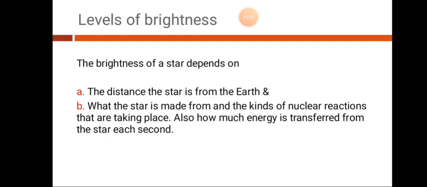It also gives us what kind of nuclear reactions are going on inside the star, and how much energy is transferred from the star each second. So these are the 2 things we are able to interpret by finding out the brightness of the star.